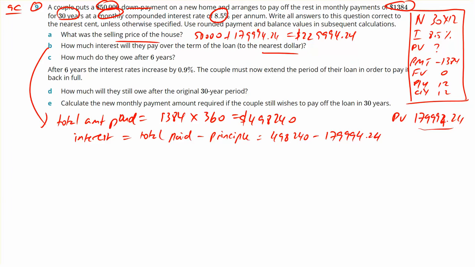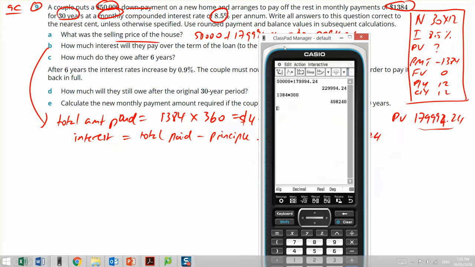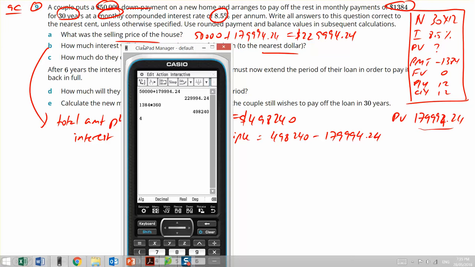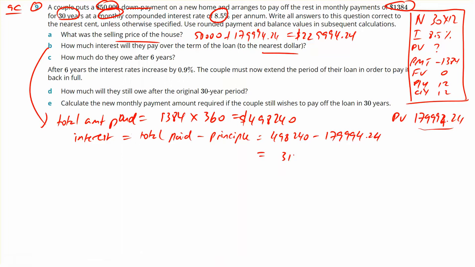So we're going to calculate that on the calculator. Well, we actually have it here, so I'm just going to copy and paste it to save time. You do not need to reinvent the wheel. So 318246, because it has to round to the nearest dollar. So this is the amount of interest we paid for the loan. Okay, so this is for part B.